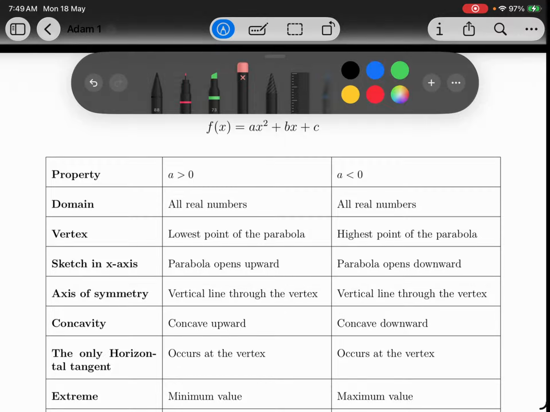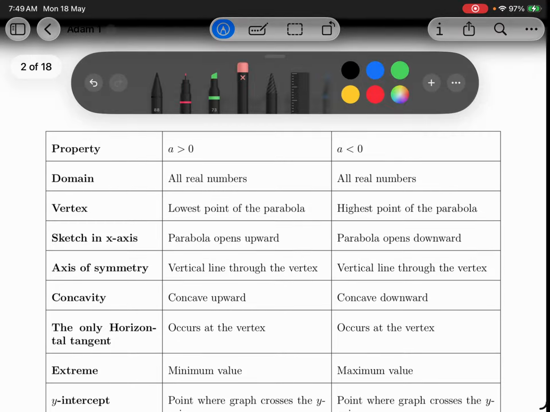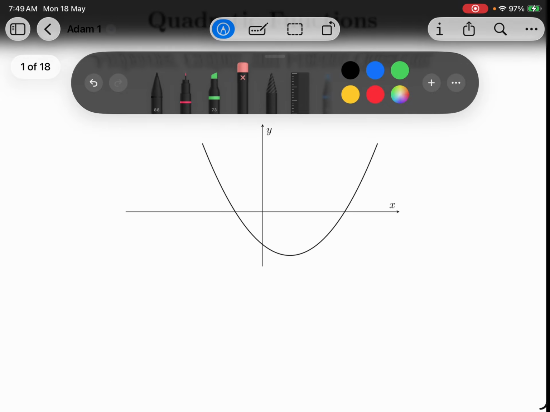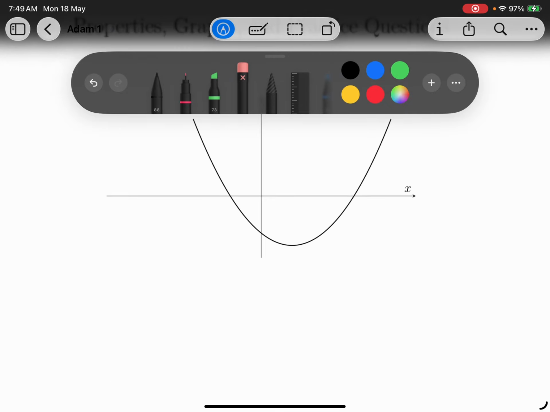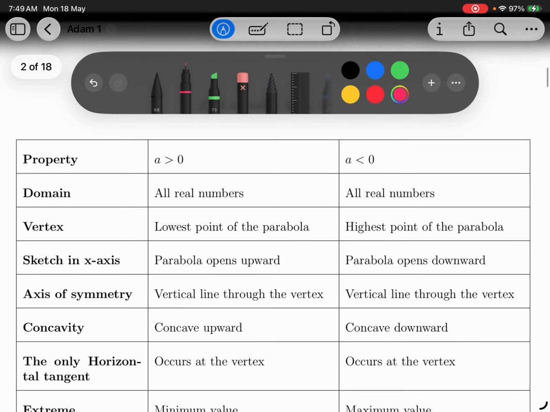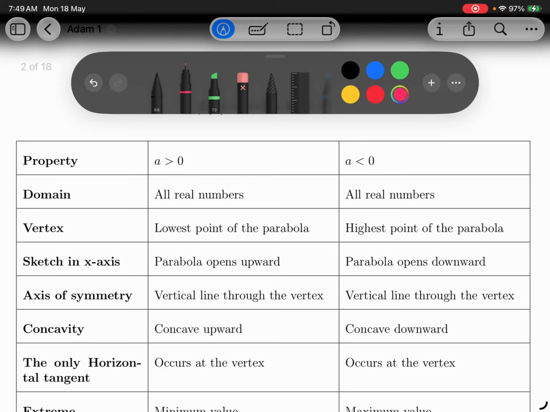For the vertex, the vertex here is the lowest point in the graph when a is more than 0. Look at this, here is the vertex, something like this. So when a is more than 0, the vertex is the lowest point on this parabola.